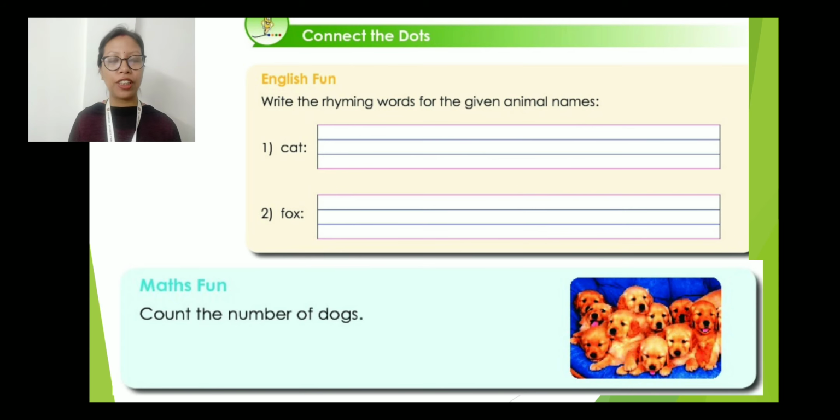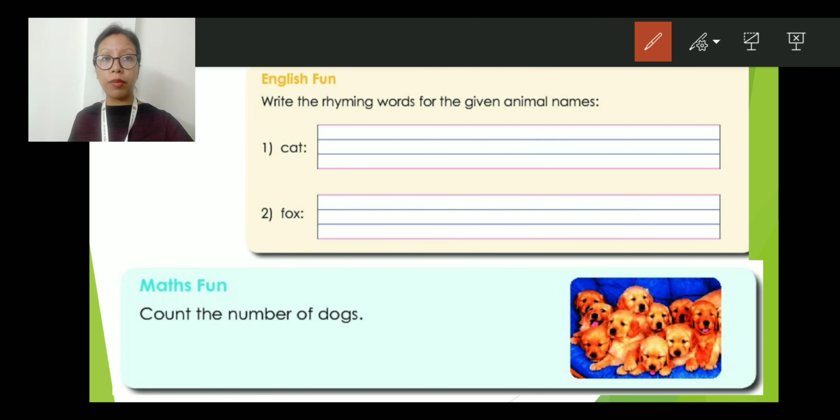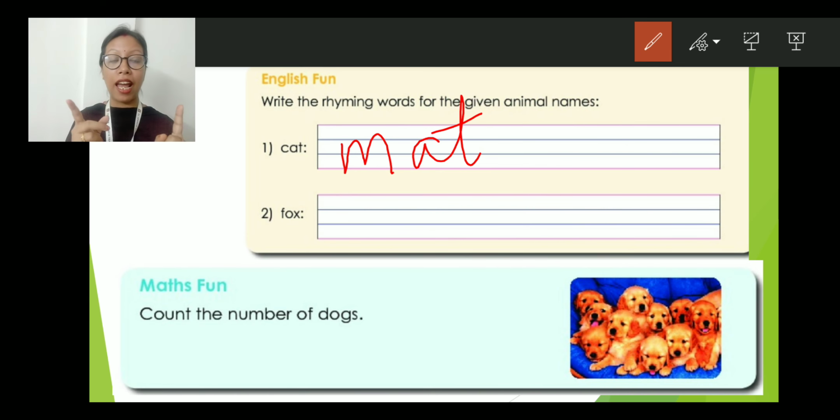Then let us move to the next one, which is connect the dots. Here, write the rhyming words for the given animal names. So this is your homework. Try to do it on your own. Now, what are rhyming words? Do you know what rhyming words are? Cat. Something that sounds similar to it. If the first word is cat, then we can write the next word as mat, right? Because it sounds the same, cat, mat.